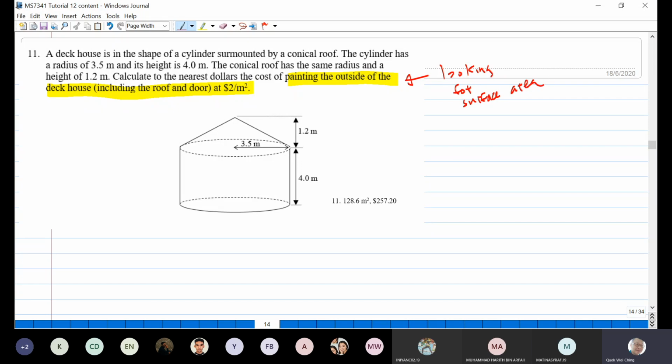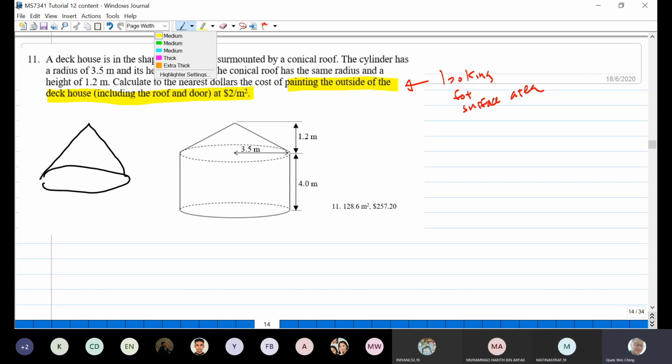Okay, there are two surface areas to think of. One of them is a cone, the surface area of the cone without the base, all right? In this case, you just want the curved surface area. So this cone looks something like this.